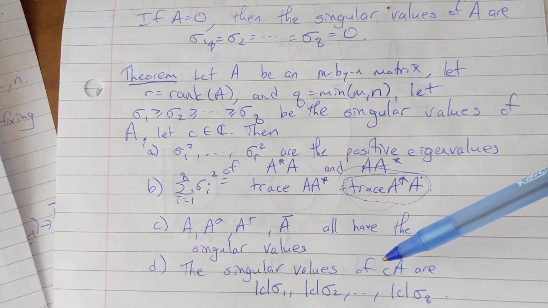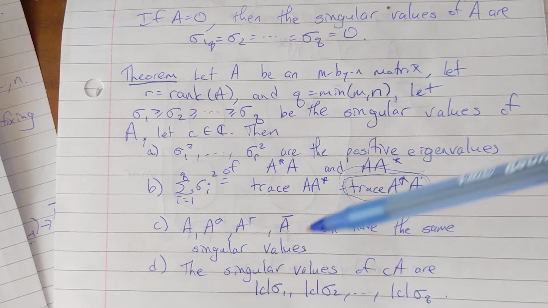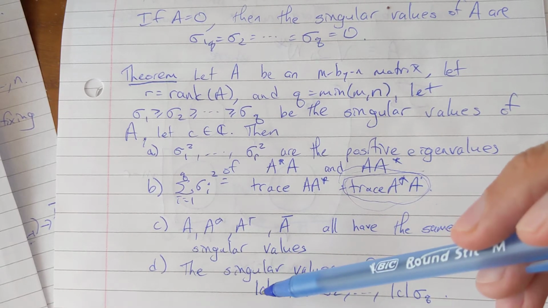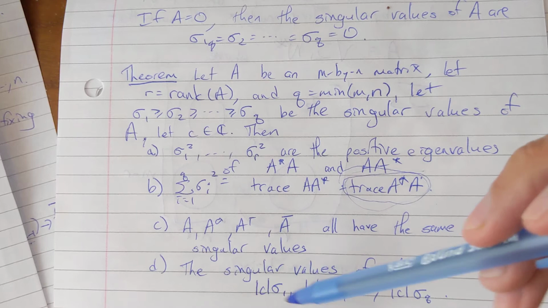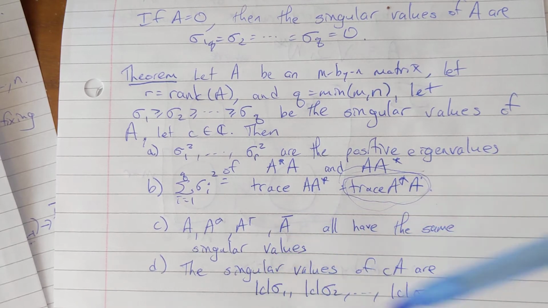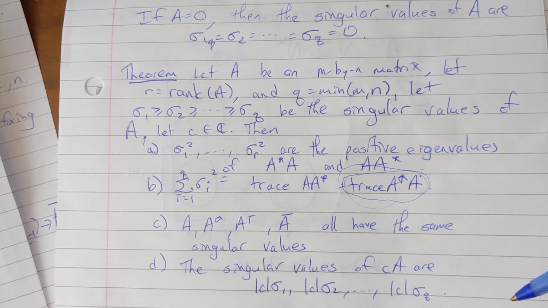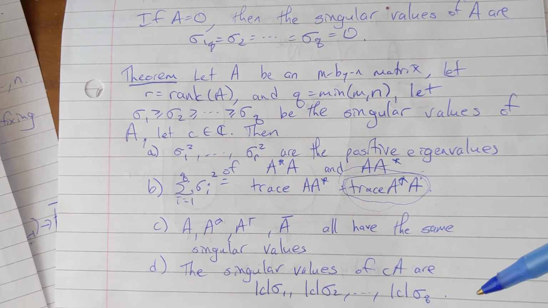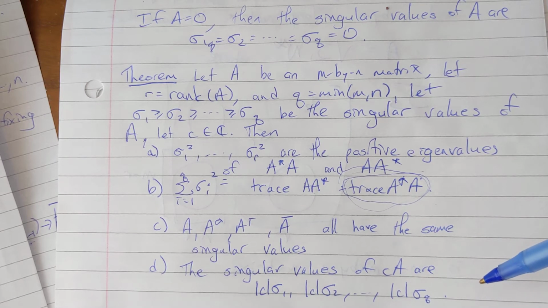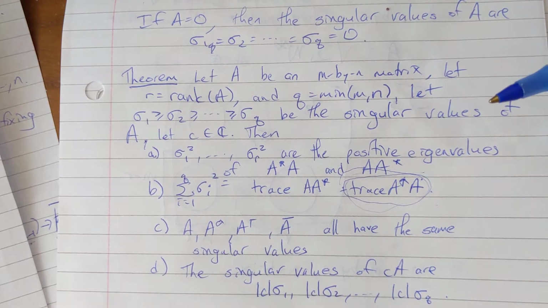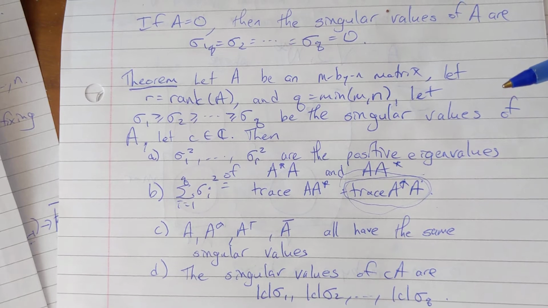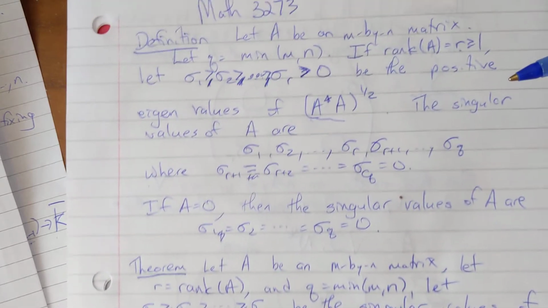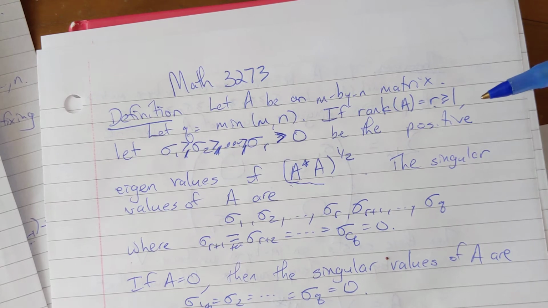And if I multiply A by a scalar, the singular values of C A, it just has the effect of multiplying each singular value by the modulus of C. So C is a complex number, so we multiply by its modulus. And we're not really going to prove this.